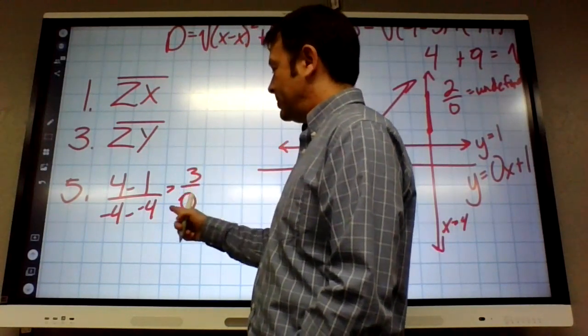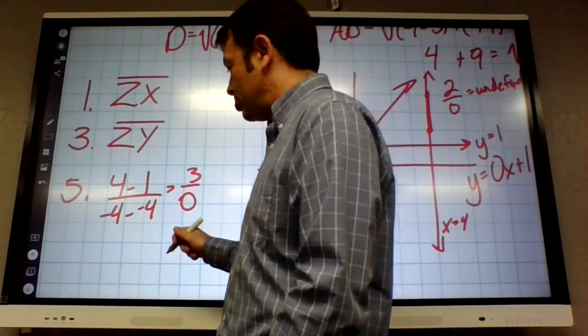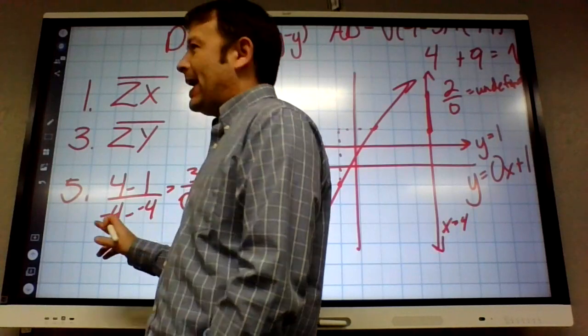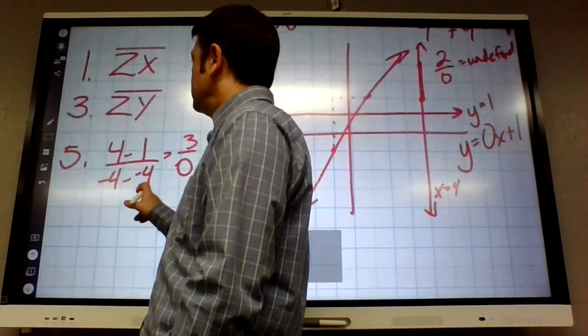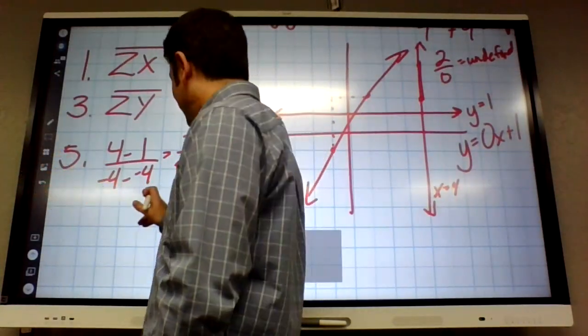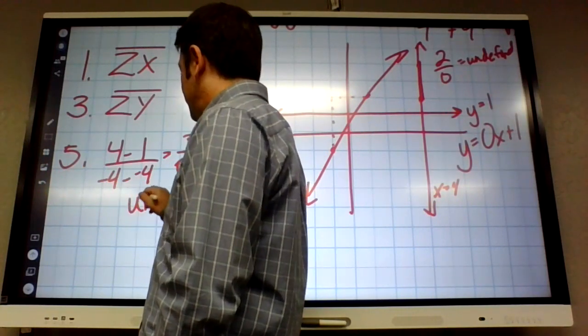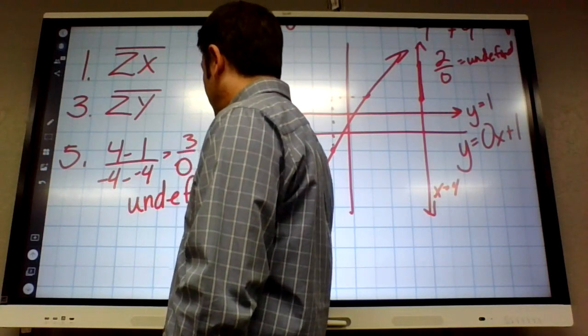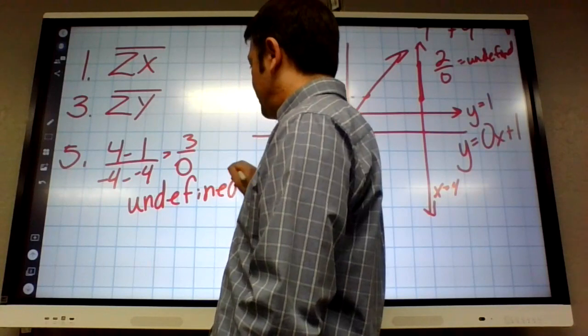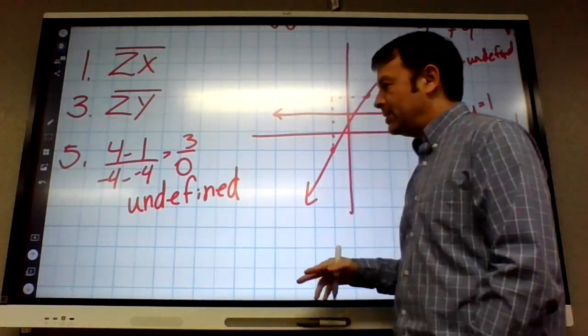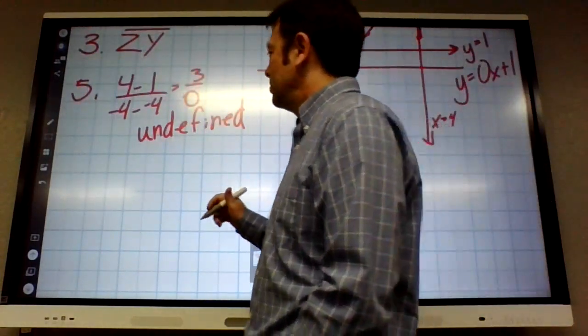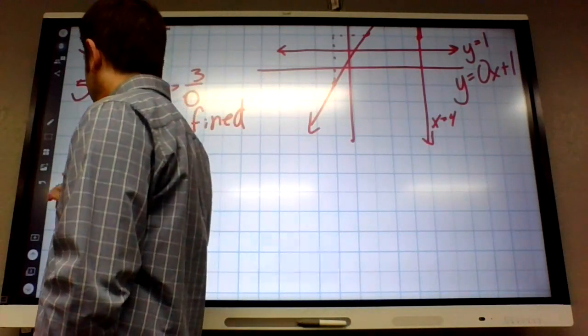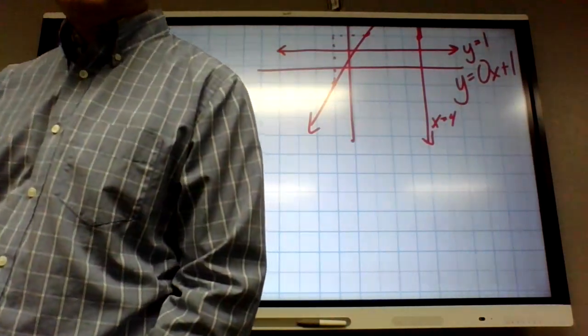That's not possible. If you plug that in the calculator, it's like error. Anyways, the slope is undefined. Now, if it was 0 over 3, 0 divided by anything is 0.